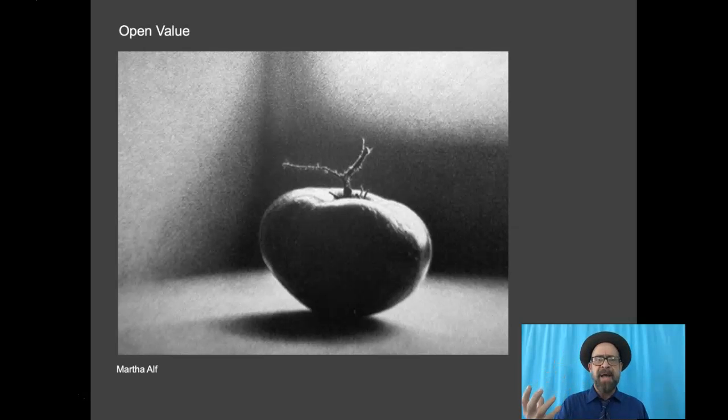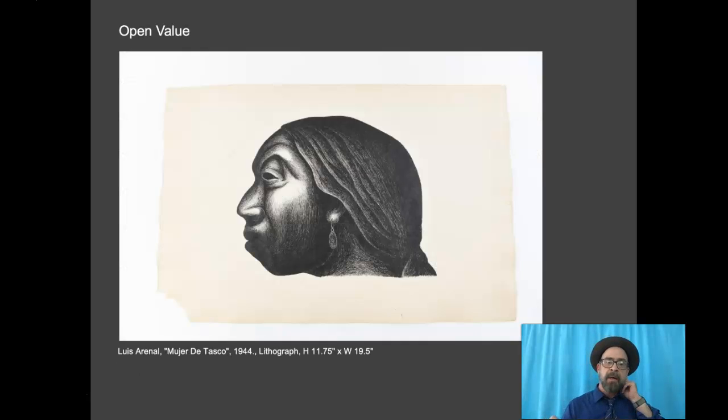And again, in the background, subtle gradation between light and shadow creates a certain mood, okay? Open values. Like here's a really amazing lithograph by Arenal. Again, subtle gradation from one into the other. Open value, where you can sometimes not see the transition from one shape to the other.